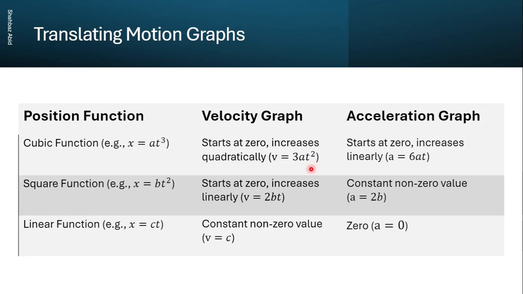If I take its derivative again, it's going to give me a linear acceleration graph because the power of t is equal to 1, and it's going to start at 0, but it is going to increase linearly for this example.